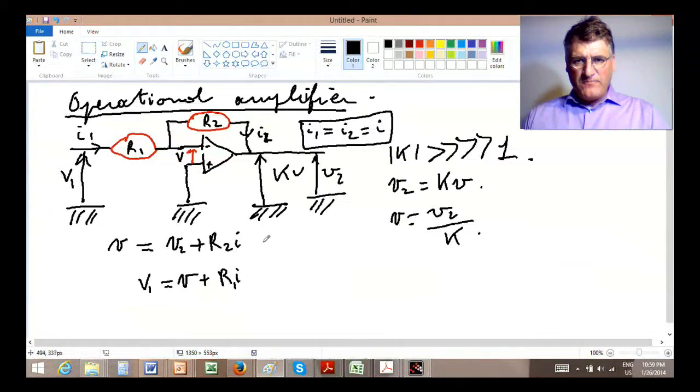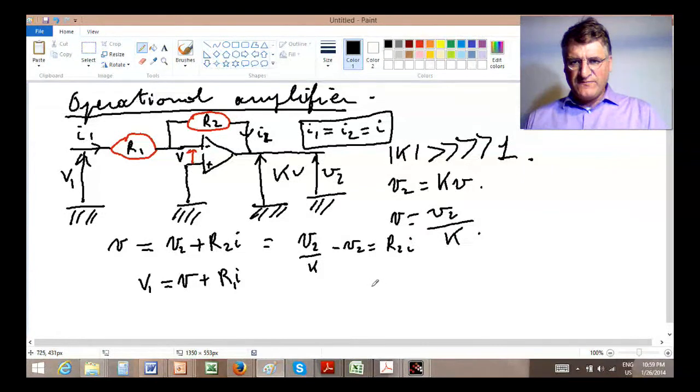So we can rewrite this as V2 over K minus V2 is equal to R2 times I. Or in other terms, I is equal to V2 over R2 times 1 over K minus 1.